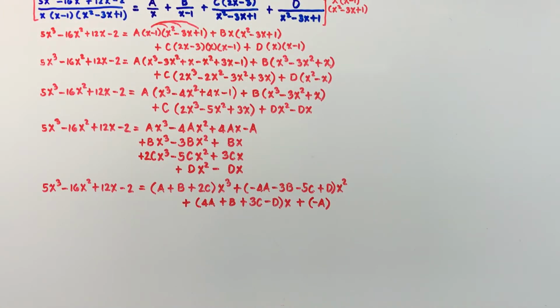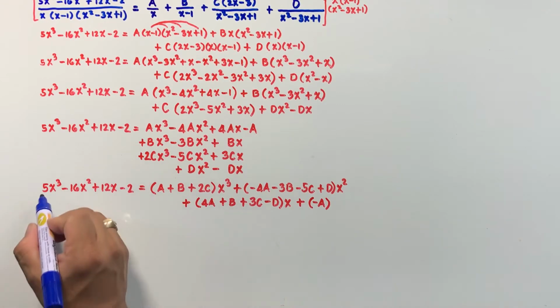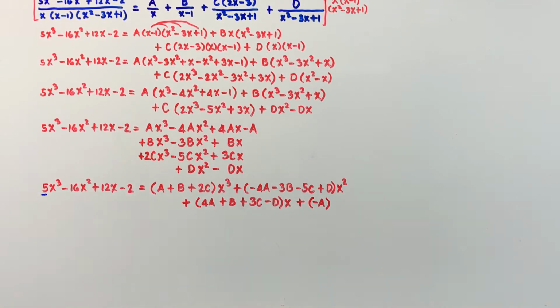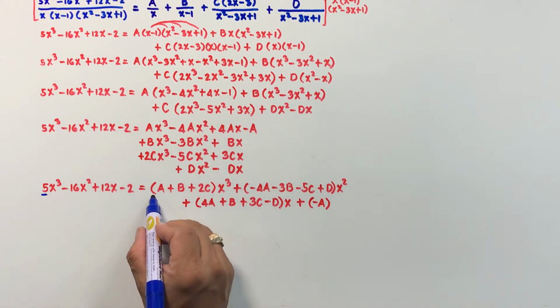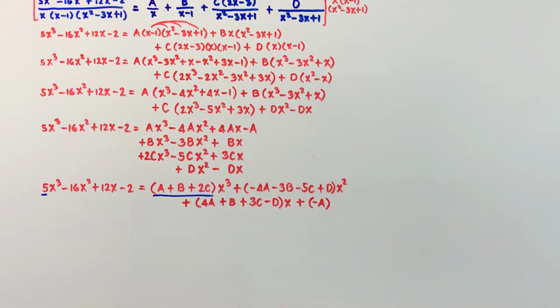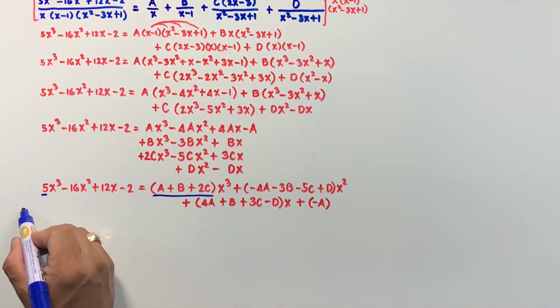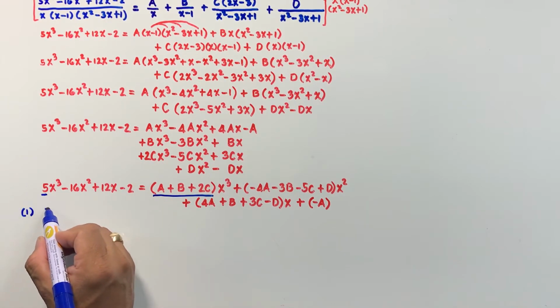So by comparison, we can say that the coefficient of x cubed at the left hand side of the equation and the coefficient of x cubed at the right hand side are equal, and that forms our equation 1.